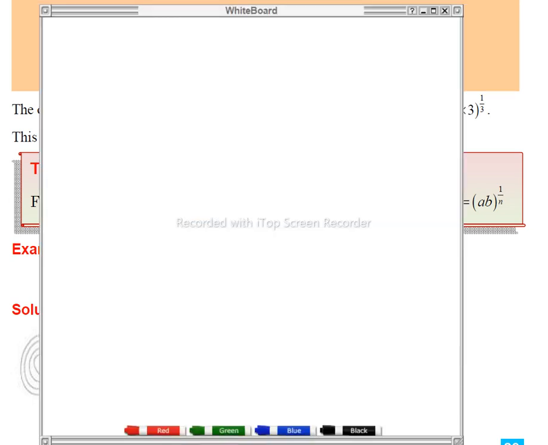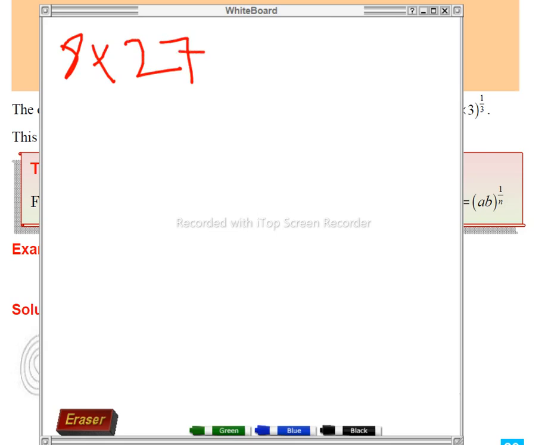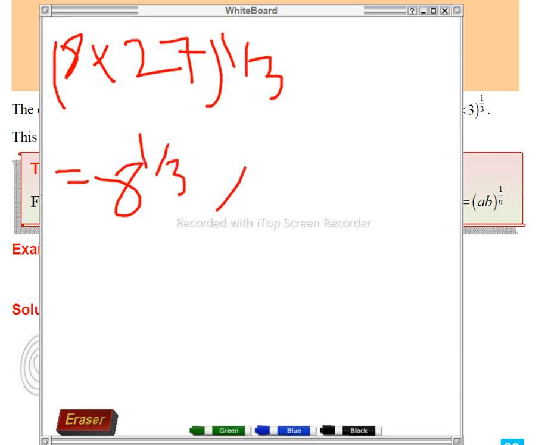Because as we saw before, for example, if you take 8 times 27, to the power of 1 over 3, it is the same as we can rewrite this: 8 to the power of 1 over 3 times 27 to the power of 1 over 3.